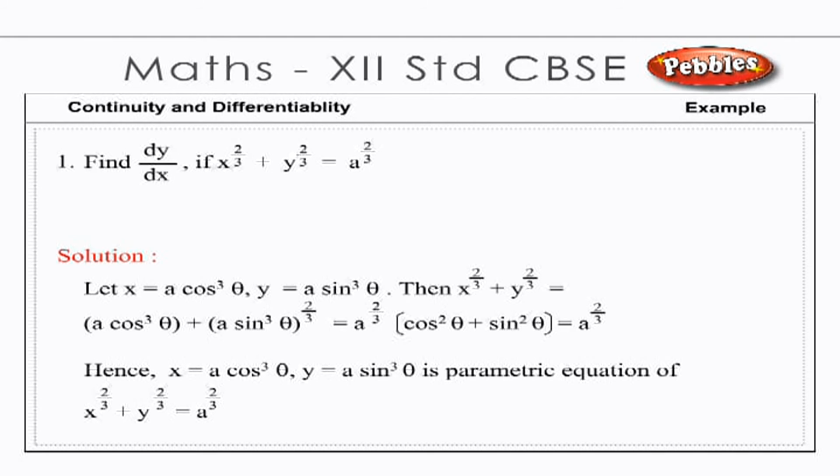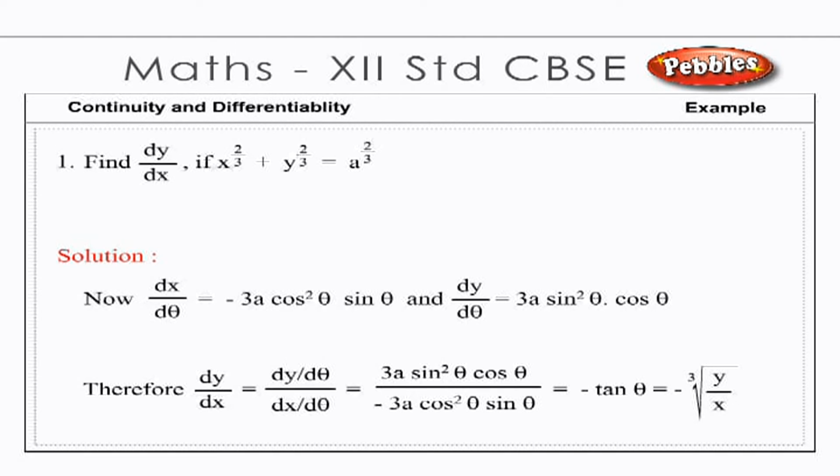Hence, x = a cos³θ, y = a sin³θ is the parametric equation of x^(2/3) + y^(2/3) = a^(2/3).